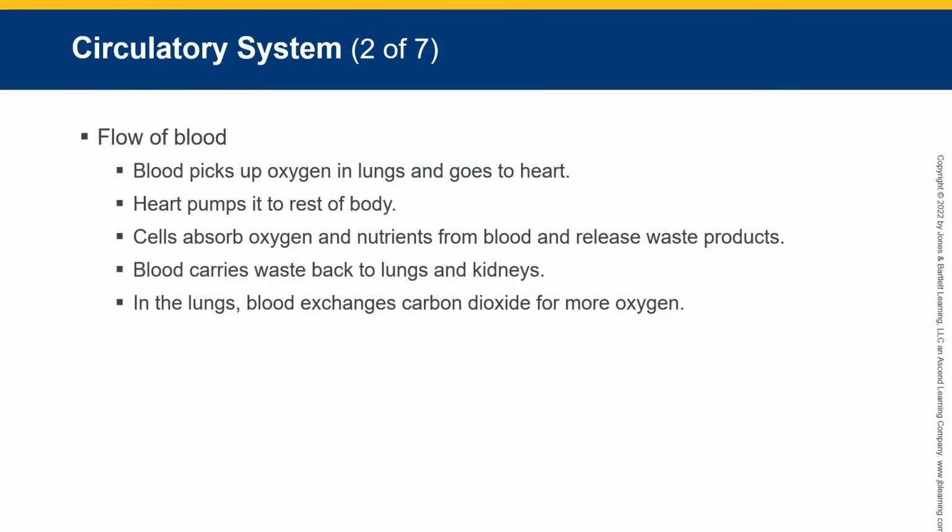And the blood is carrying not only oxygen, but nutrients to the cells and picking up their garbage. The red blood cells are the grocery deliverers and the garbage picker-uppers. Okay? And then when we get back to the lungs, well, then we drop off all that garbage.